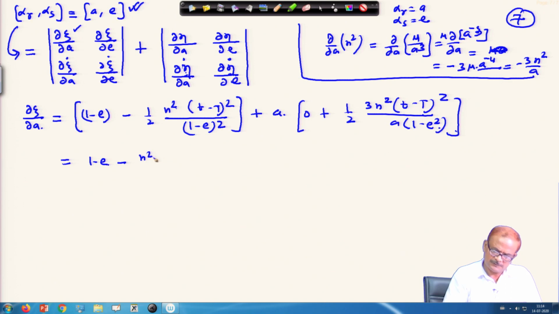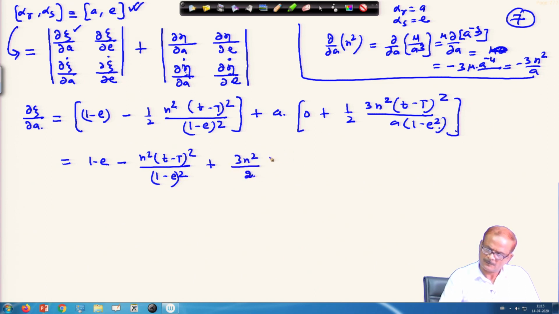minus n square (t minus t) whole square divided by 1 minus E square, and then plus 3 n square divided by 2 (t minus t) whole square and 1 minus E square.